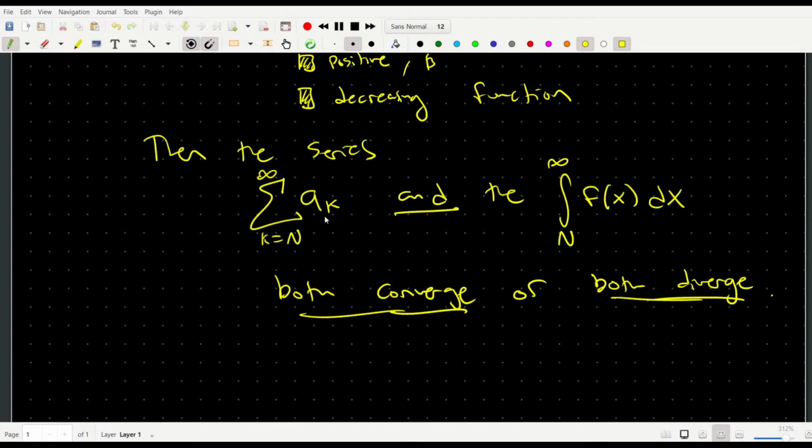That being said, by the end of the lecture, we will have a very nice method of actually estimating how well the nth partial sum is estimating the actual value of the series.